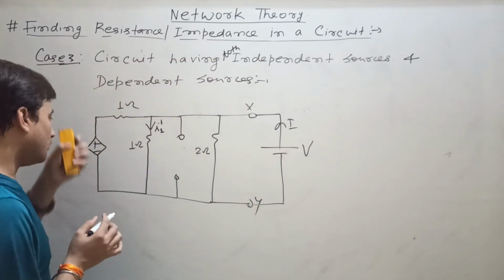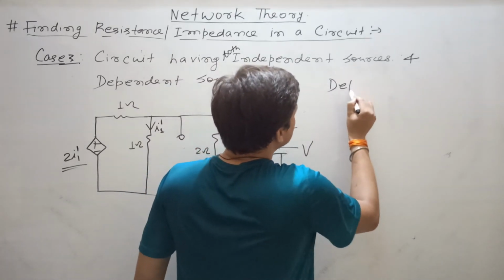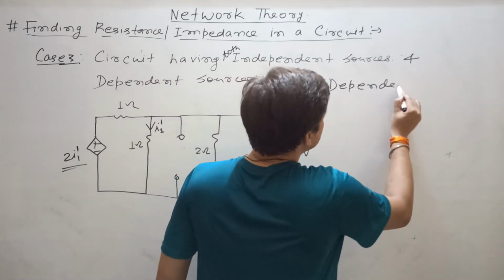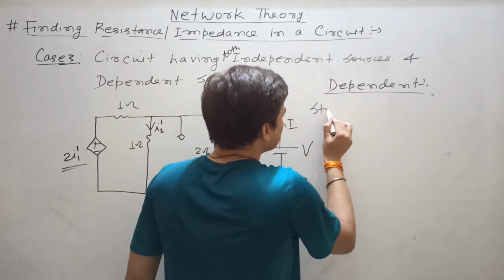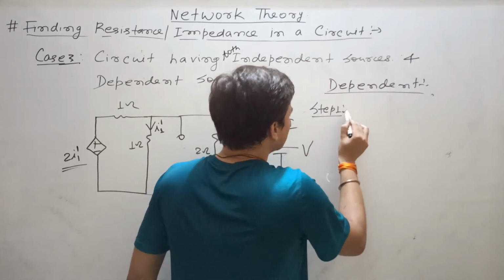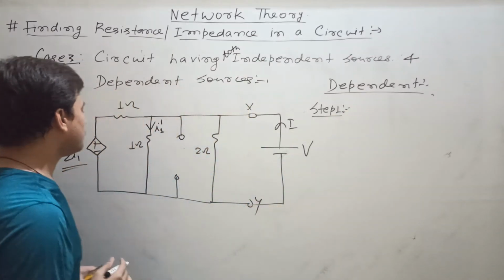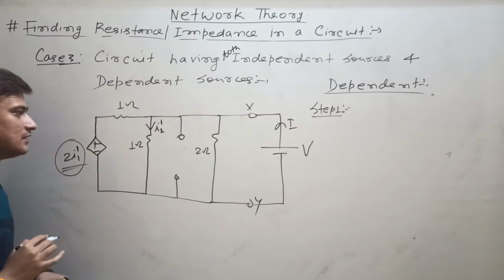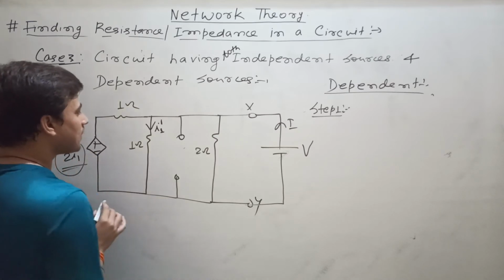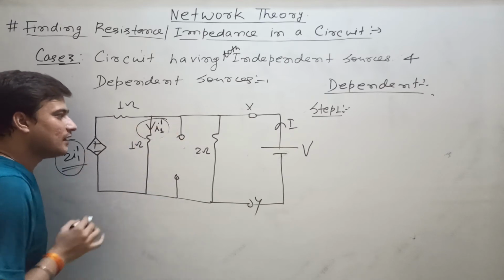Now what we have to do? If you are having a dependent source, then how do you solve the question? For a dependent source, the first step is to look at the magnitude of the dependent source. Its magnitude is 2I1 dash. Second step is to identify the branch on which its value depends.